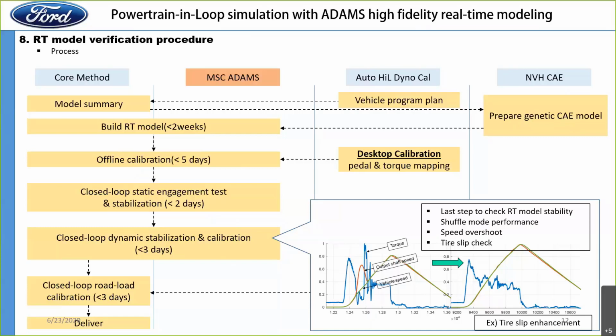The timeline is usually 2 weeks to build a model, then about 4 or 5 days of offline calibration, then the closed loop engagement test and model stabilization test for another 2 days, and then the closed loop dynamic stabilization test. Then we deliver the model. This is what we call the model calibration process for the test implementation.